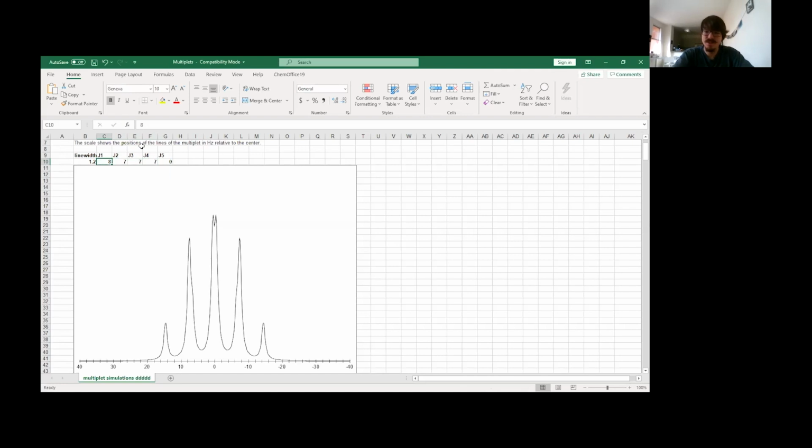But if you pay attention, when this changes to 7, which would give us the 7 hertz quintet, those peaks resolve into the quintet. But if we were to go back to 8, you see the very slight overlap between these two middle peaks and then the shoulders of these inner peaks also. So this is a useful tool for visualizing these situations where the coupling constants are very close to one another.